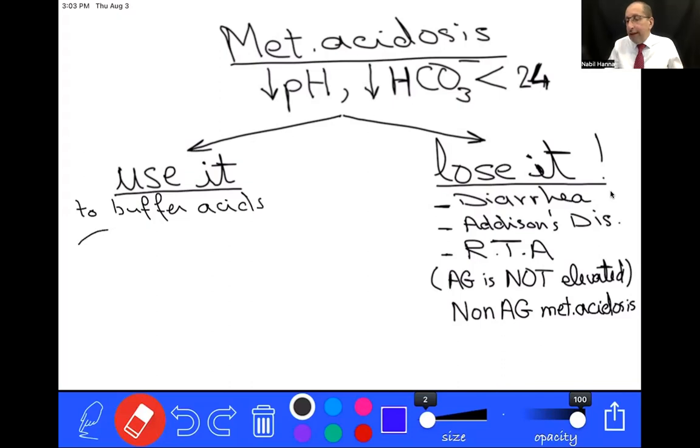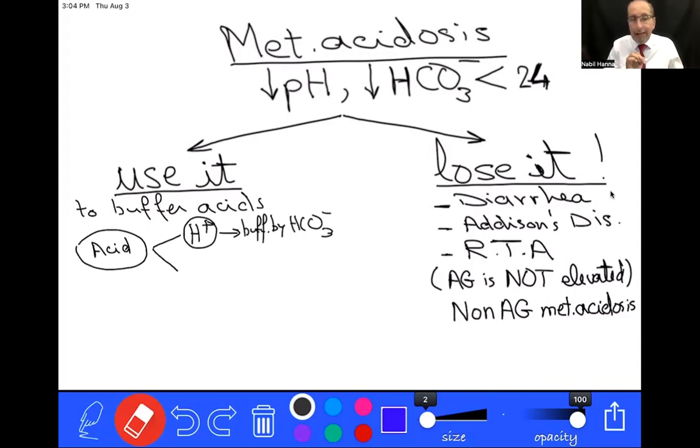And when you buffer an acid, this acid liberates hydrogen ion, and this hydrogen will be buffered by bicarbonate, and this lowers the amount of bicarbonate, which is metabolic acidosis.